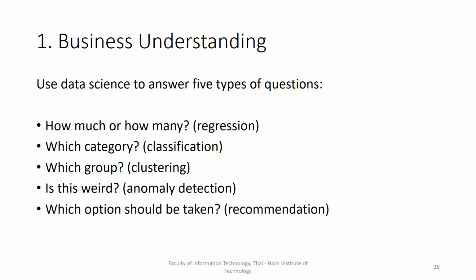If we find that the data is weird, then we use anomaly detection. And for deciding which option should be taken, we use recommendation. So based on these questions, we get an understanding of how the business data has to be analyzed and how the problem has to be formulated and addressed in the initial phase.